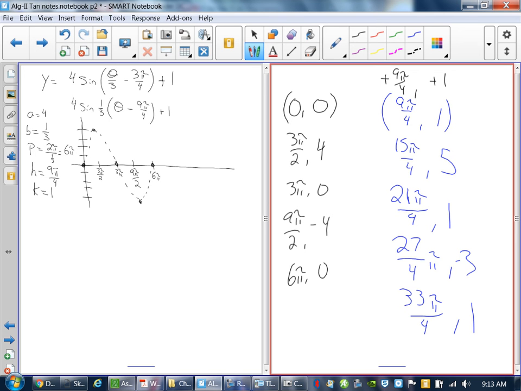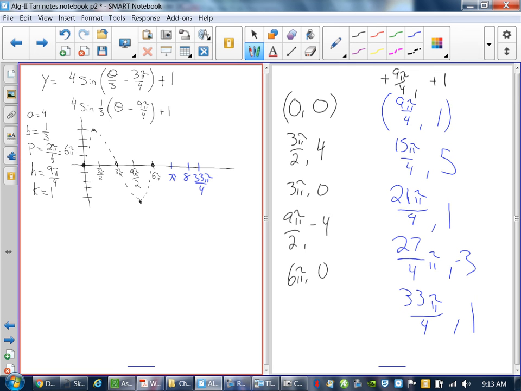So if this is 6 pi, here would be 7 pi, here's 8 pi. So I'll put it here at 33 pi over 4. And then I'm working backwards.